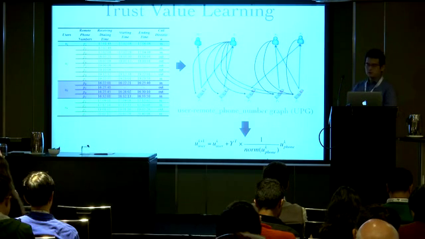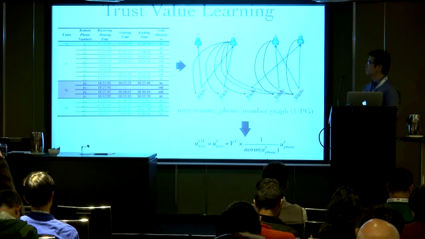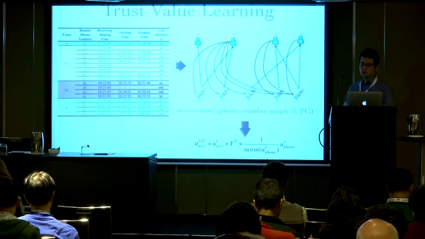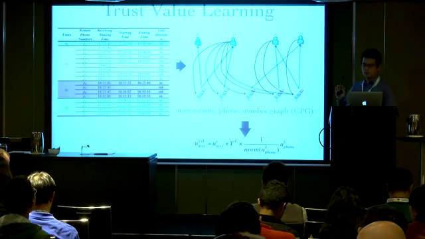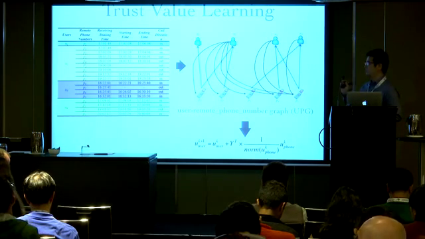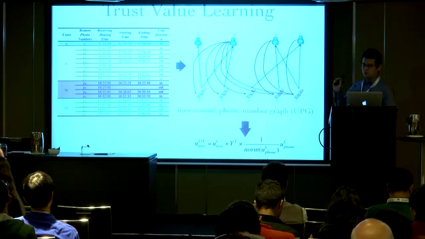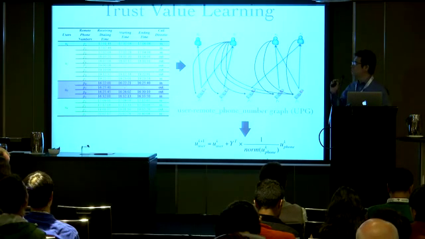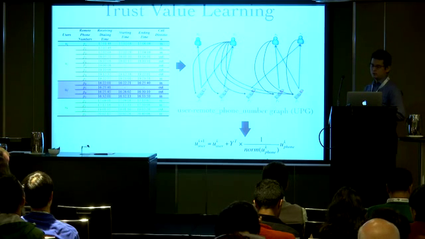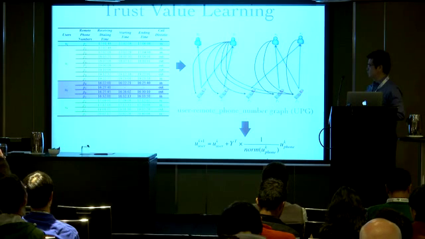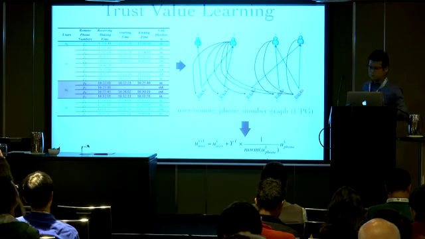To do so, the crucial problem turns to how to build a network which can reflect the user's telecommunication behavior. So we propose the user-to-phone-number network, GPU.